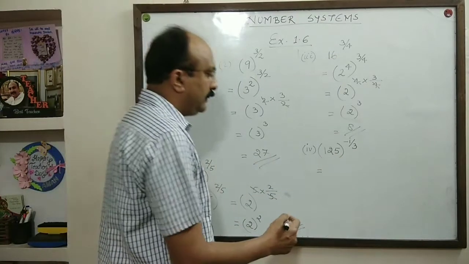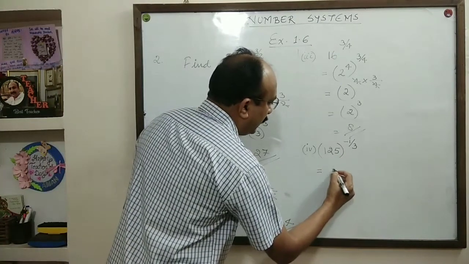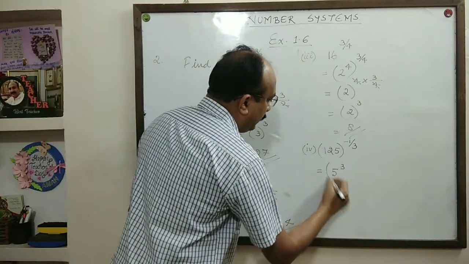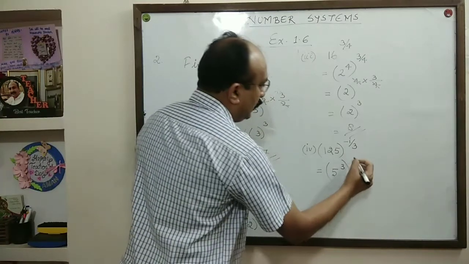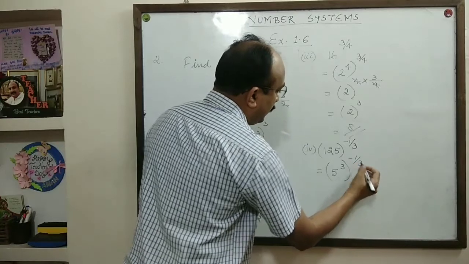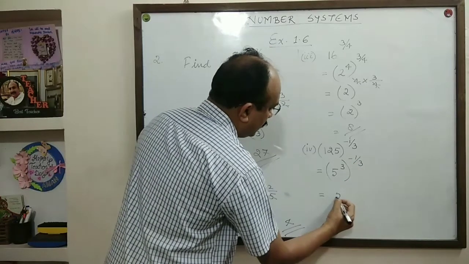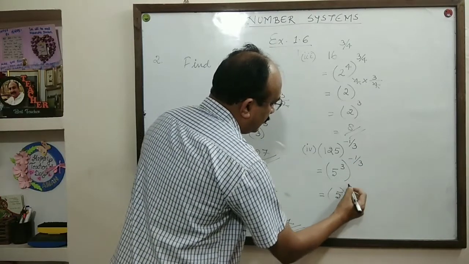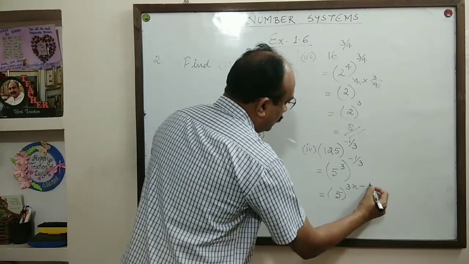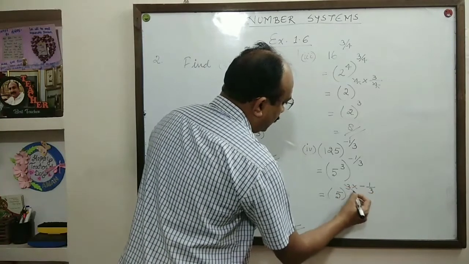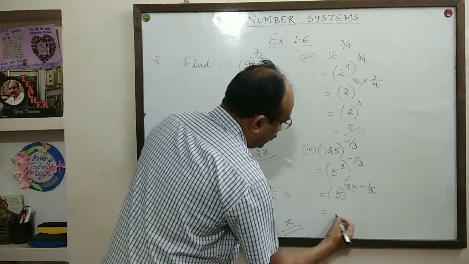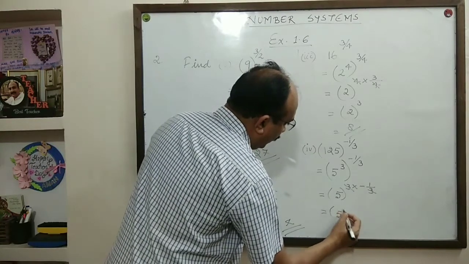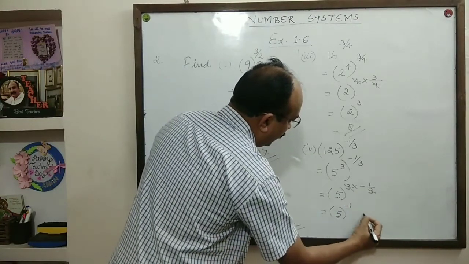We know that 125 is 5 power 3. So 5 power 3, the whole power minus 1 upon 3, is 5 power 3 into minus 1 upon 3. 3 and 3 got cancelled, which is equal to 5 power minus 1.